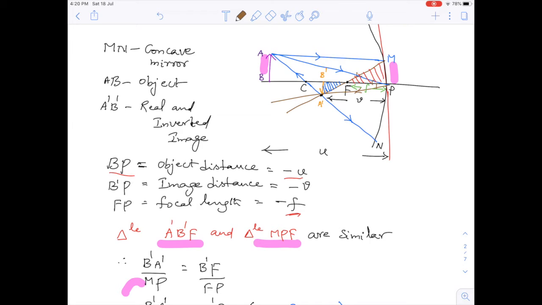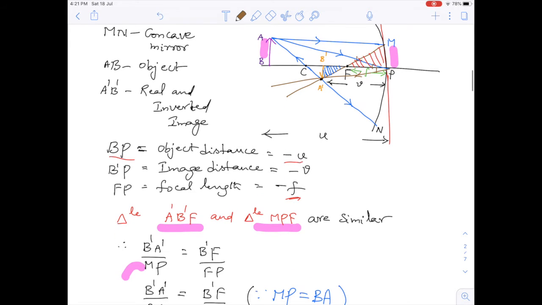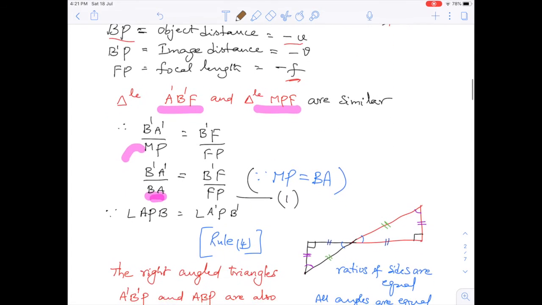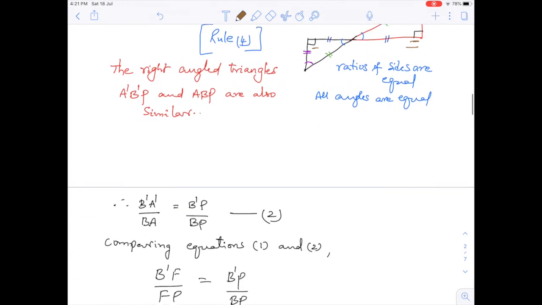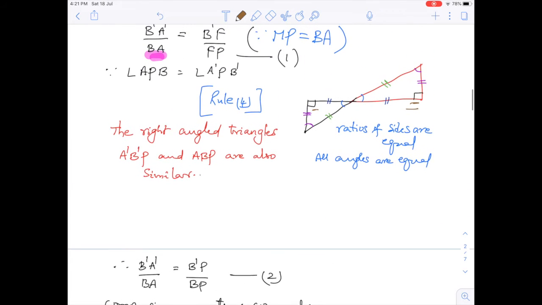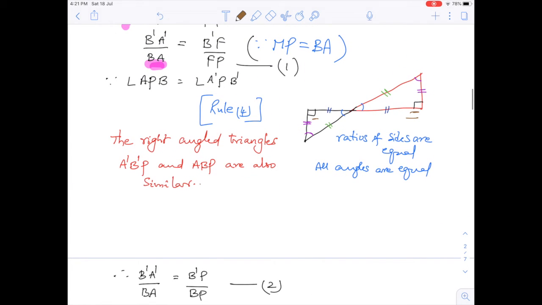That means rule number 4 that I discussed: if a light ray is obliquely incident at a certain angle, it will reflect with the same angle. For rule number 4, you can watch the previous videos. These two are right angled triangles, as you can see here, and therefore these are also similar triangles. Therefore, let us put this as equation 1.